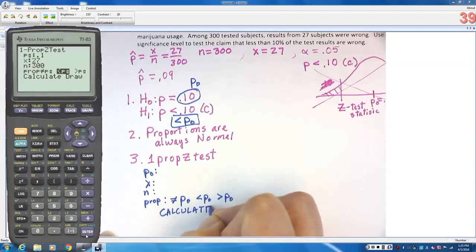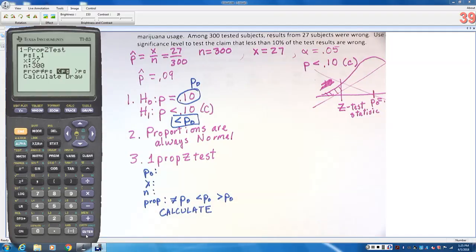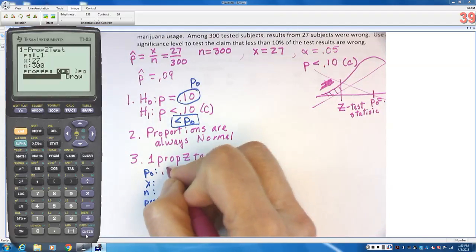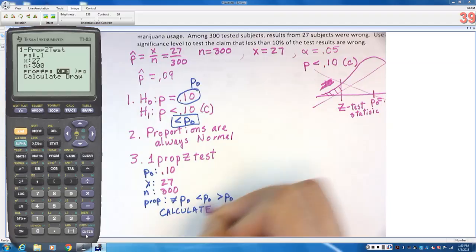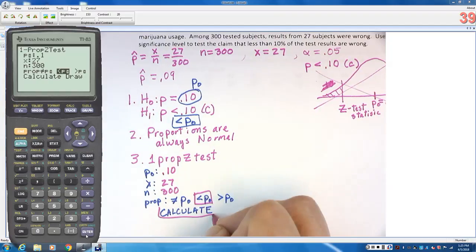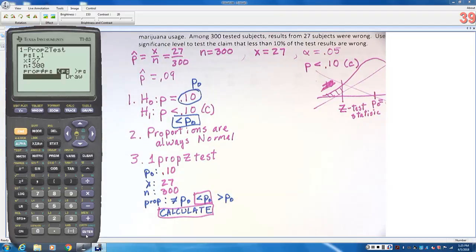It draws you a nice picture. So this was 0.10, this was 27, this was 300, and we chose this one and chose calculate. The calculate at least tells you what test you ran. I hit calculate, it comes right back.